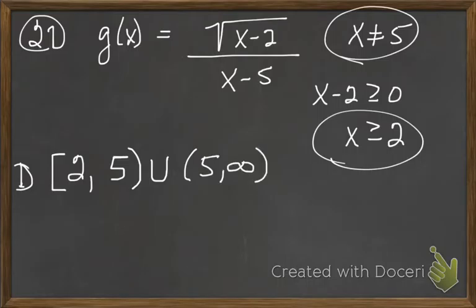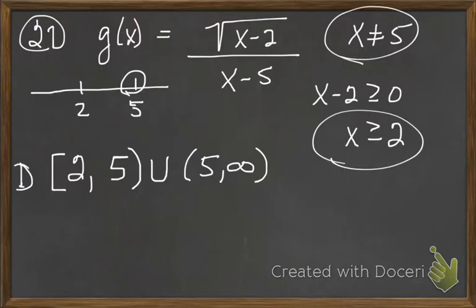Does that answer your question, Naomi? So your x's must be greater than or equal to 2, and you cannot have a 5. If you get confused, I'm a visual person, and what I do is I put my numbers on a number line, and I know at 5 the circle is going to be open.